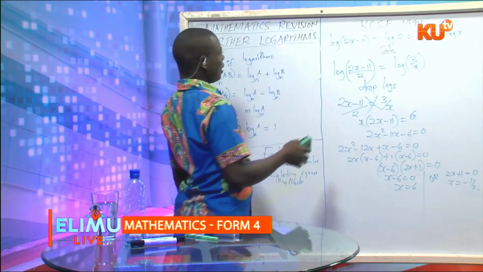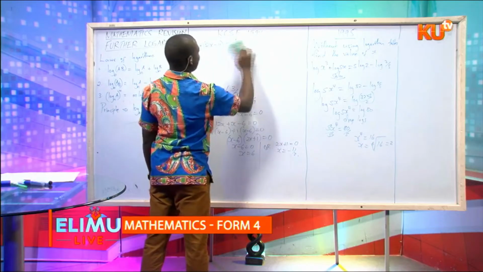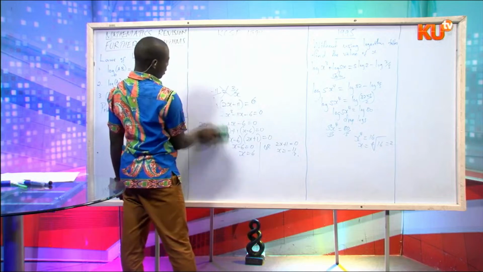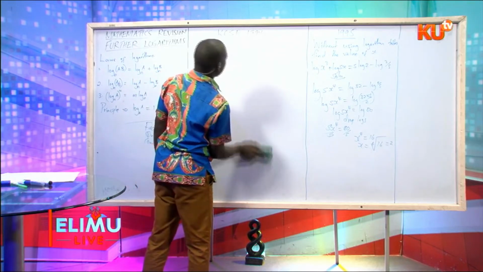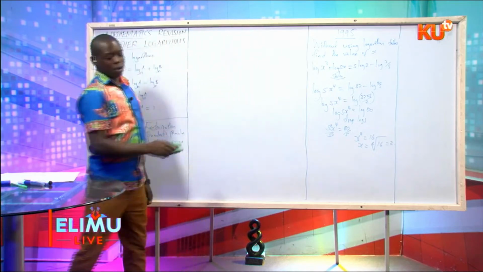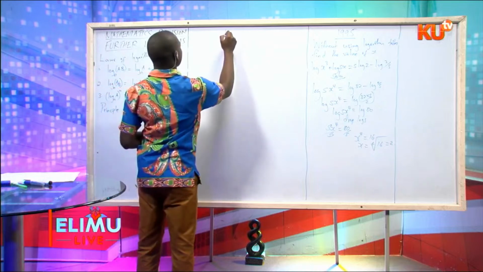And when it comes in 1998, they bring it differently, knowing that you have now revised the previous years, and so you are much more comfortable to handle further logarithms. They brought 1998 as follows.